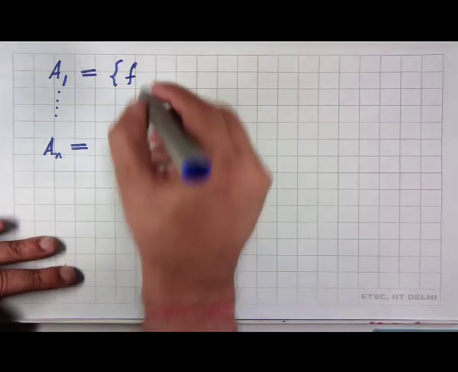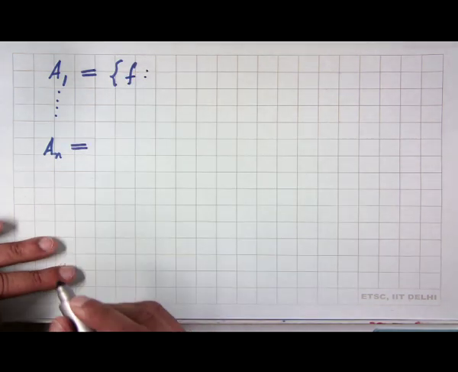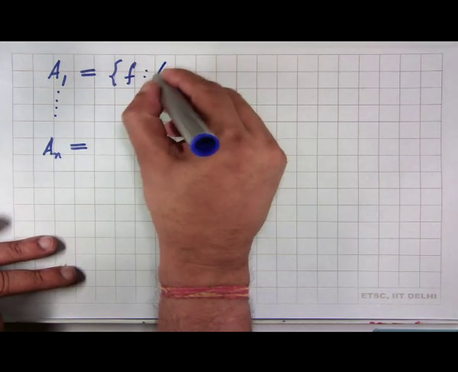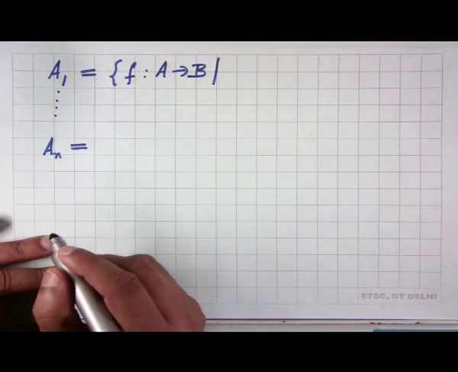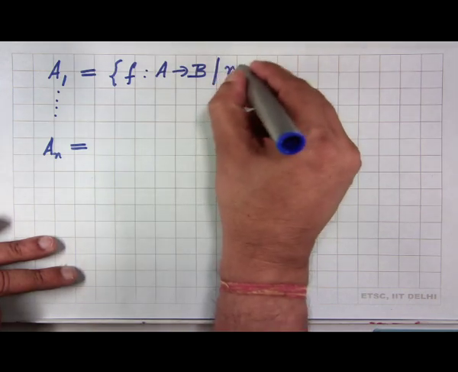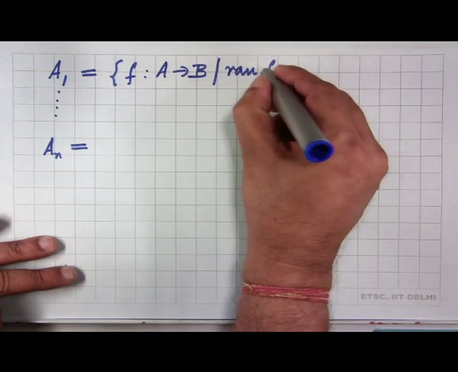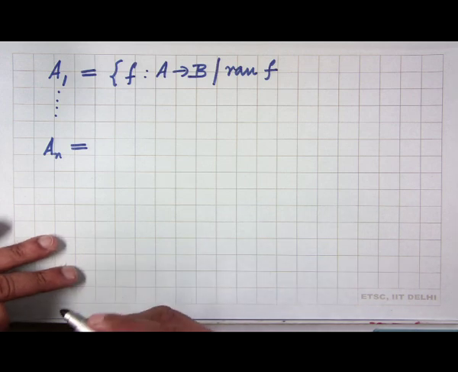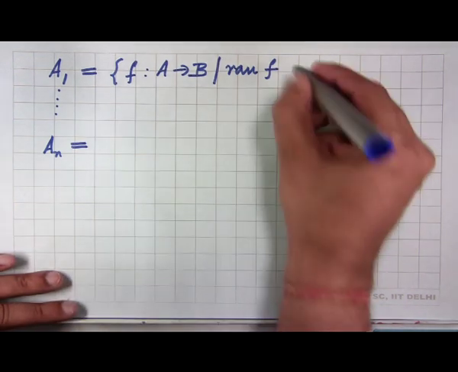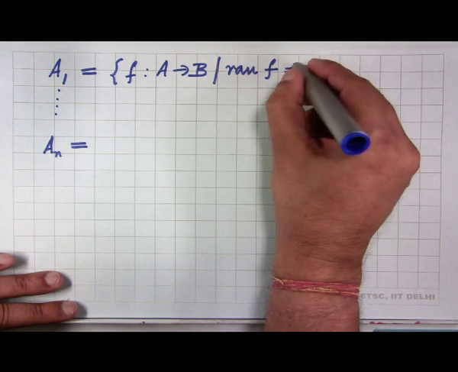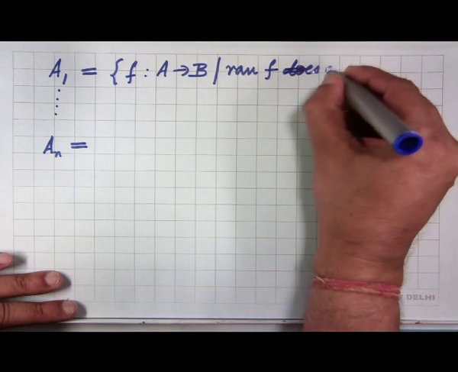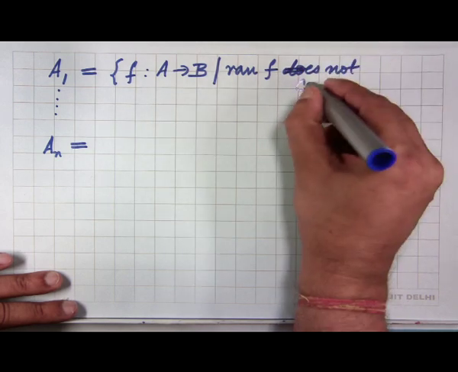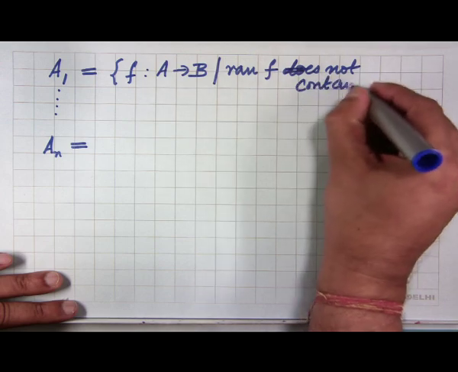So these are all functions from A to B such that the range of f, which I'll call RAN for short, the points where f goes to, does not contain the number 1.